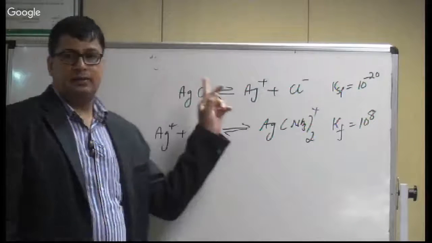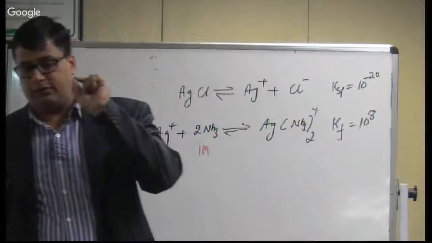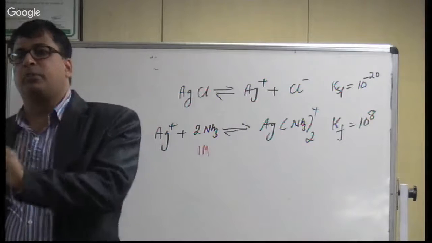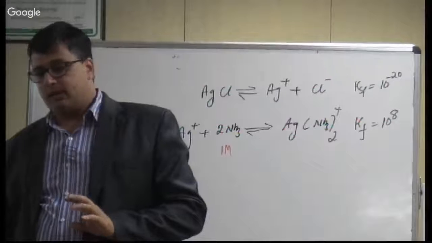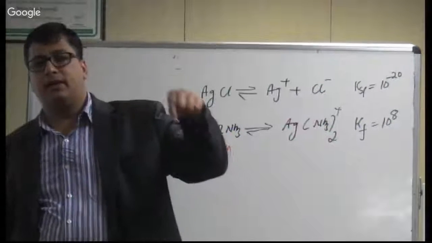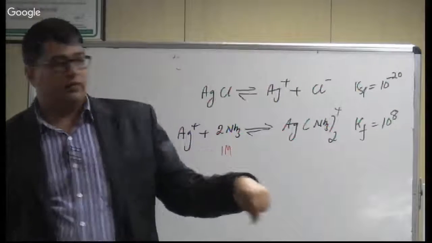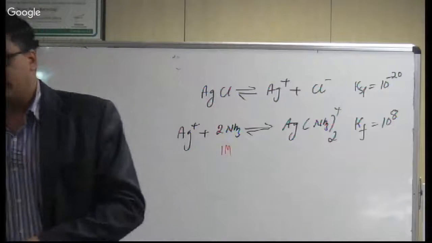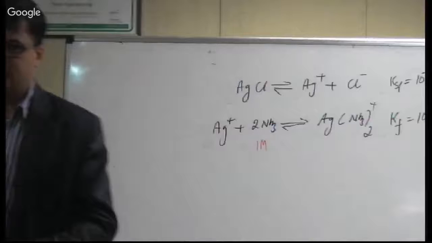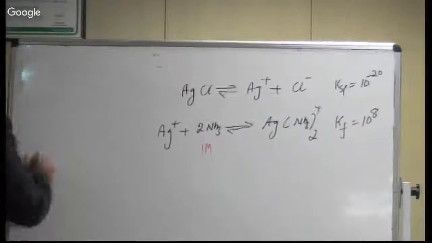AgCl की. If AgCl is added in pure water, the solubility is 10 to the power minus 10. The second case, this AgCl is added in 1 molar ammonia. What will be the solubility of AgCl? Question repeat करें.